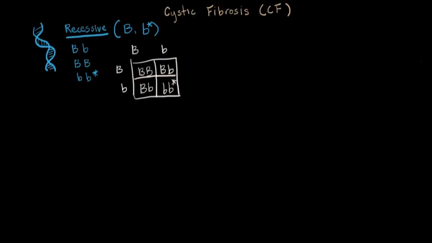Now the studies and the numbers show us that this disease is most common among the Caucasian population just because of the frequency of the small b, the CF gene, in this population. Since there's the highest frequency of CF genes within the Caucasian population, traditionally, they have been most affected by this disease.